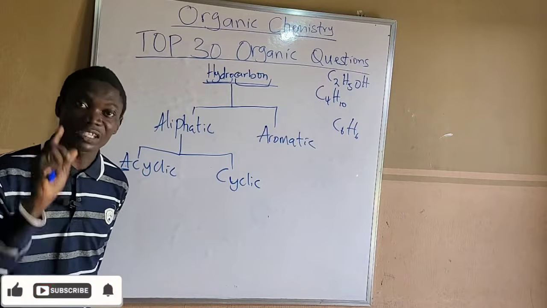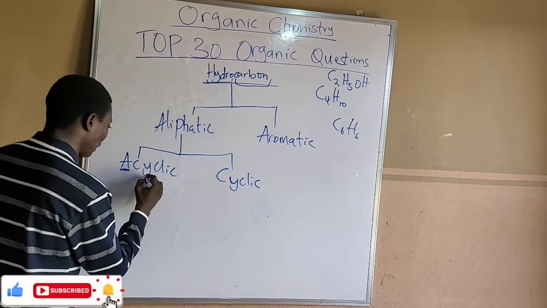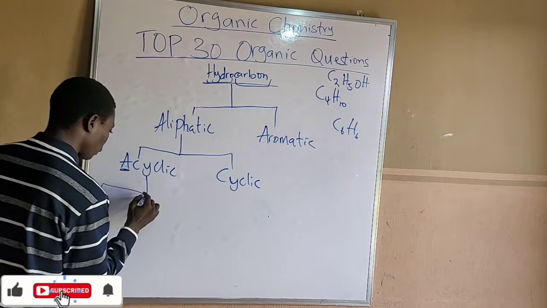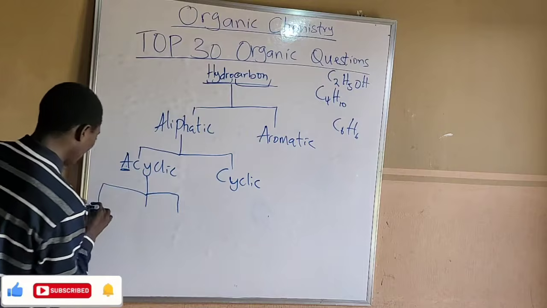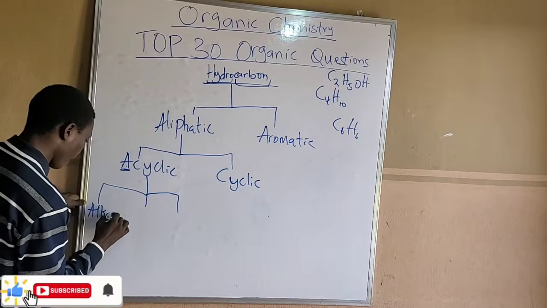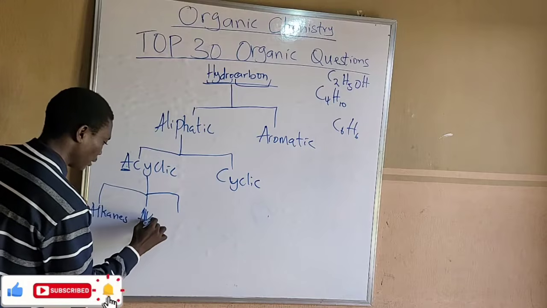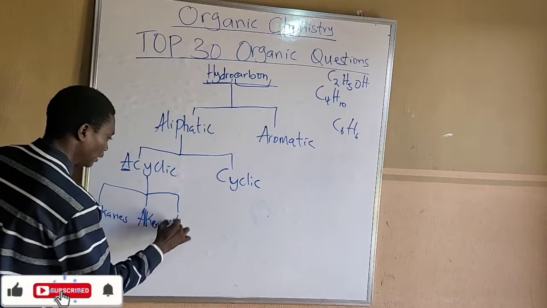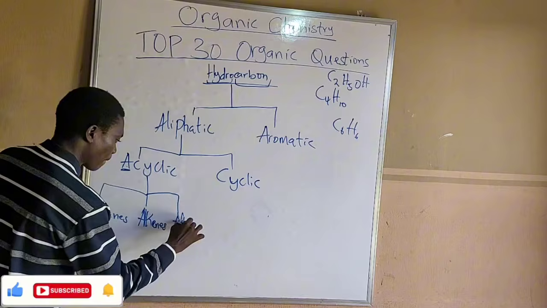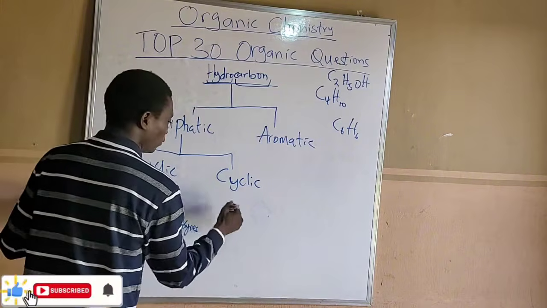They all started with A. Under this we have the alkanes, the alkenes, and the alkynes. You can see that they all started with A. But this one started with C.